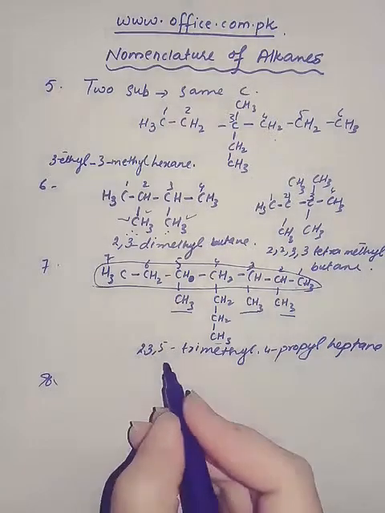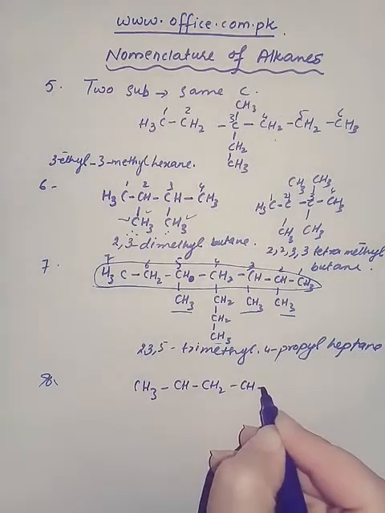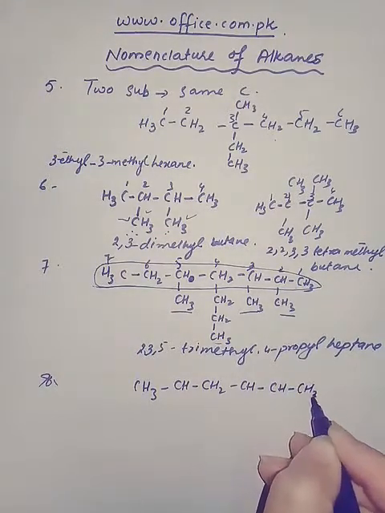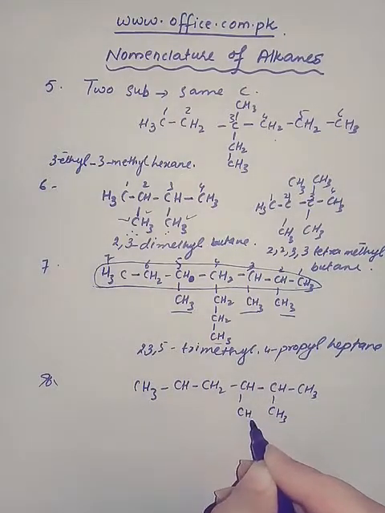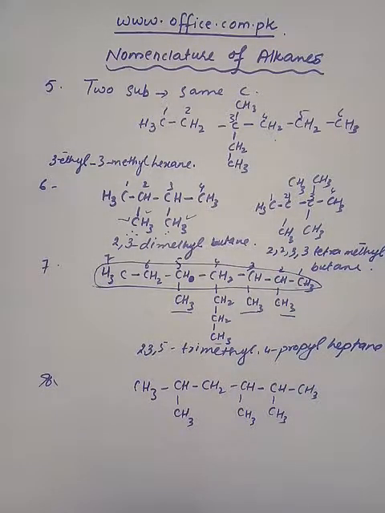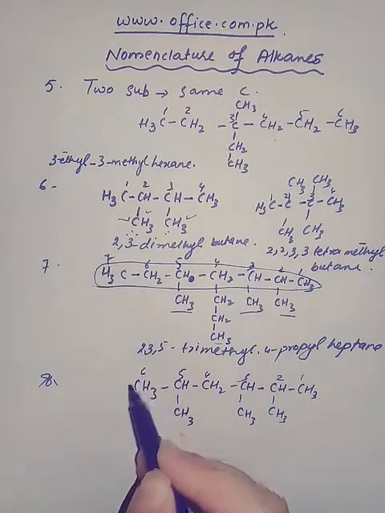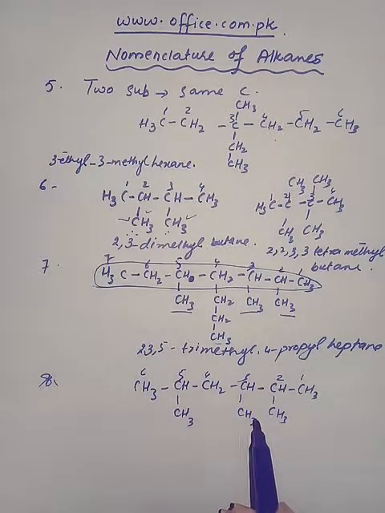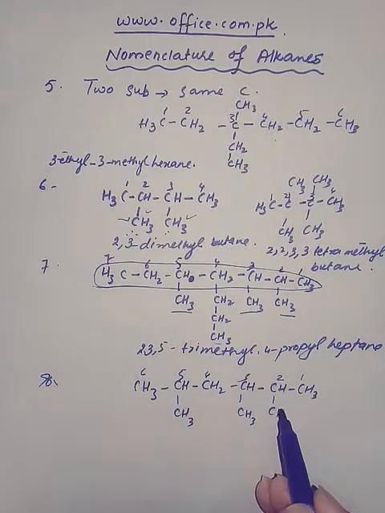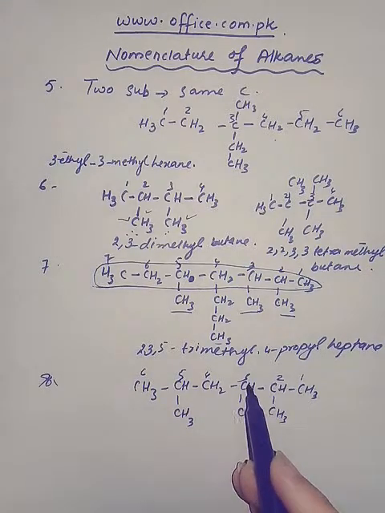For example, we will start counting from here because it is giving us the lower number at the first point. It will be 2 3, not 2 4.